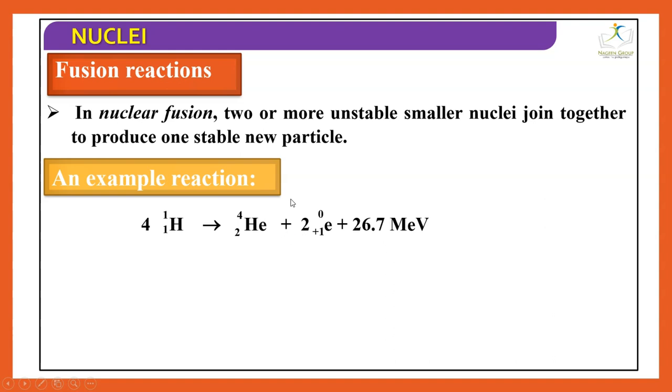So that is called a fusion reaction, where smaller nuclei combine together to produce a stable particle like helium. Four hydrogen particles combine and make helium.